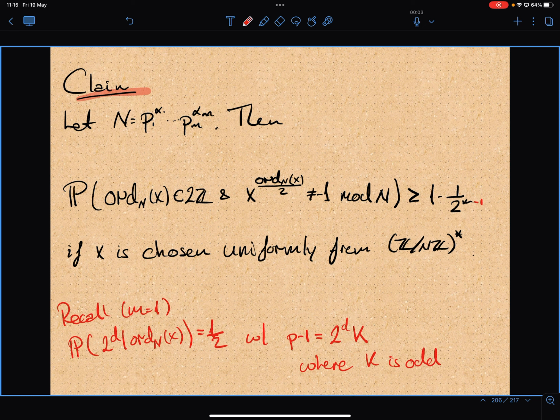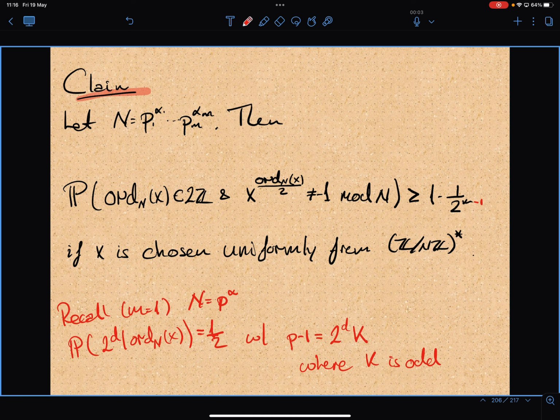And in particular, d is the highest power of 2 in p minus 1. So this is the statement that we had already proven, and this is in the case that n is equal to p to the alpha. So the prime factorization just includes one prime.